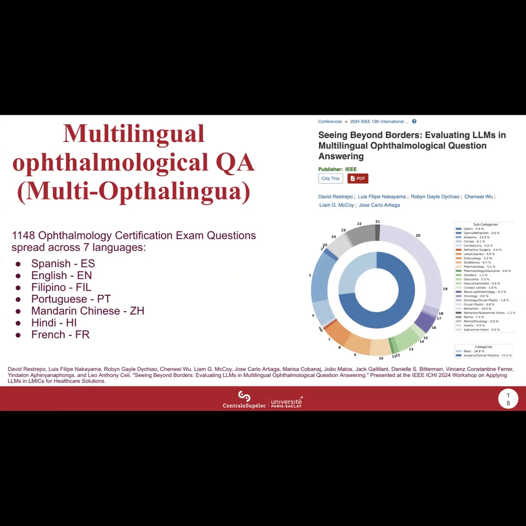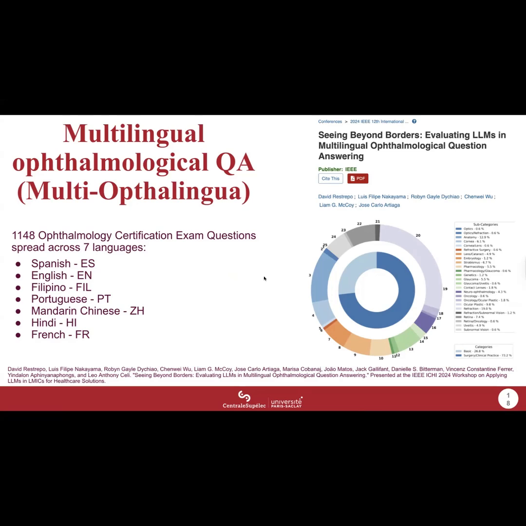So the question in Brazilian Portuguese for the Brazilian population and Brazilian context, when you translate to Filipino, for example, is also relevant and accurate for the Filipino population. The ophthalmologists did this translation and made sure that this was the case.